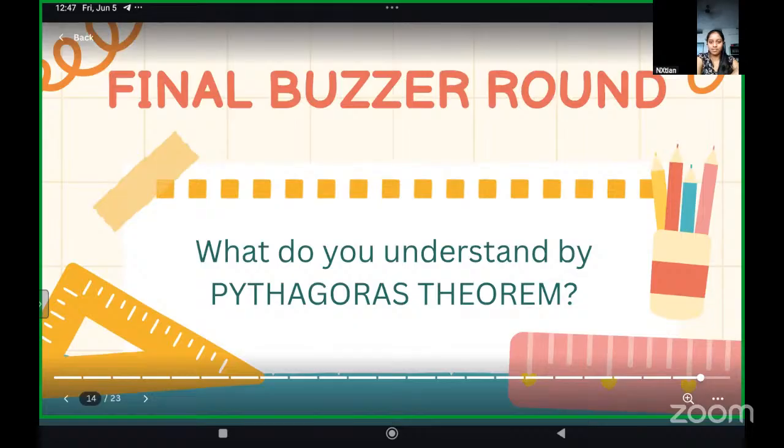Yes, Joshua. It's a fundamental rule in geometry. What does the Pythagoras theorem state? Can you answer that? In a right-angle triangle, the square of the length of the hypotenuse is equal to the sum of the squares of the lengths of the two other sides. I think that's it, ma'am. I'm not sure. Okay, Joshua. All right.